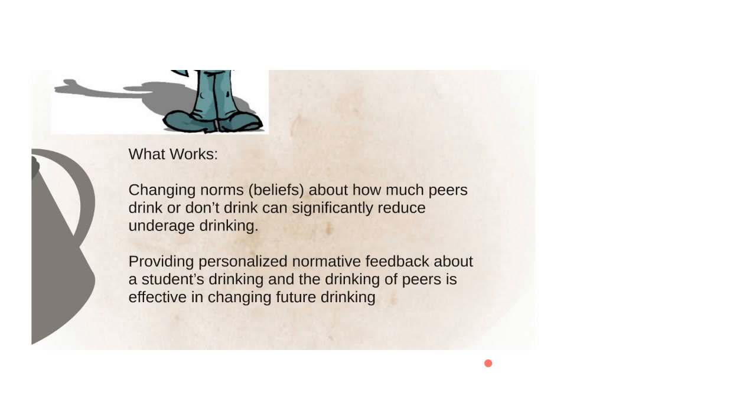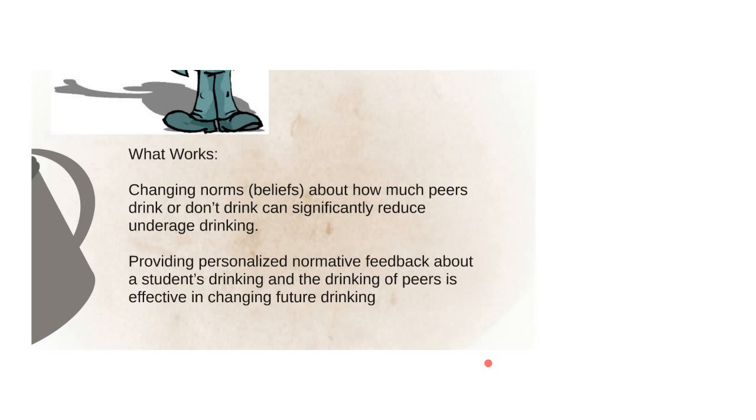The reason is that adolescents around 18 or 19 tend to vastly overestimate how much their peers drink. They vastly overestimate how much pot they smoke. They vastly overestimate a lot of risky behaviors. And simply by being presented norms in a non-confrontational way, the research shows that they can change. It's called normative feedback.